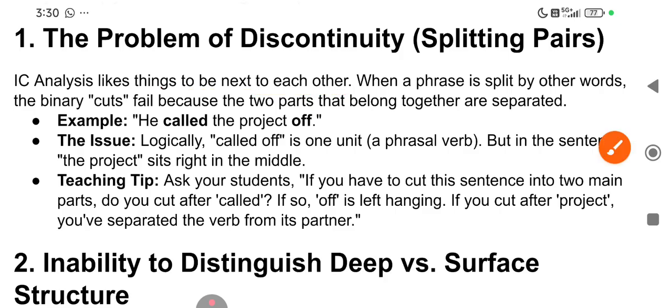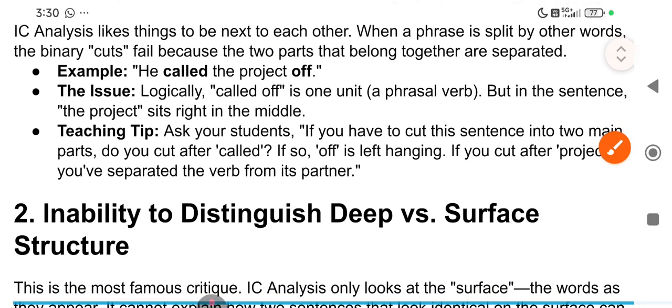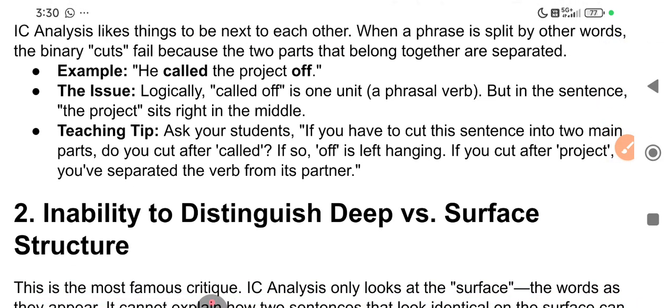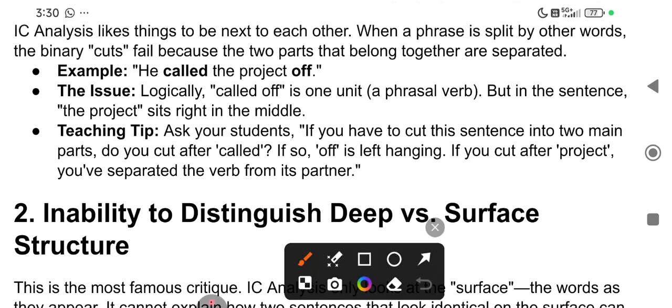When a phrase is split by other words, the binary cuts fail. We'll understand through an example. Why do binary cuts fail? Because two parts that belong together are separated by another word coming in between.